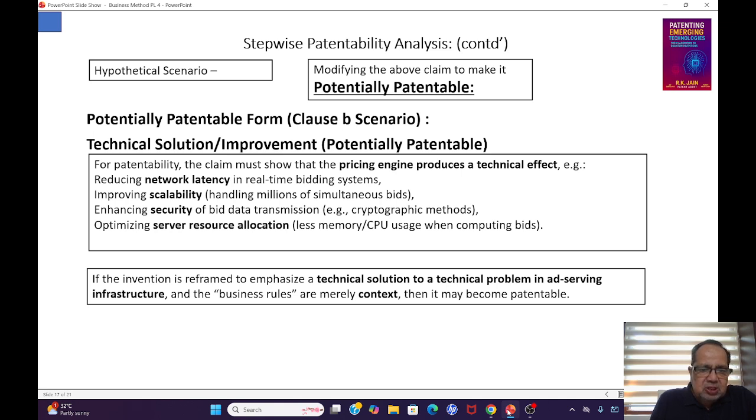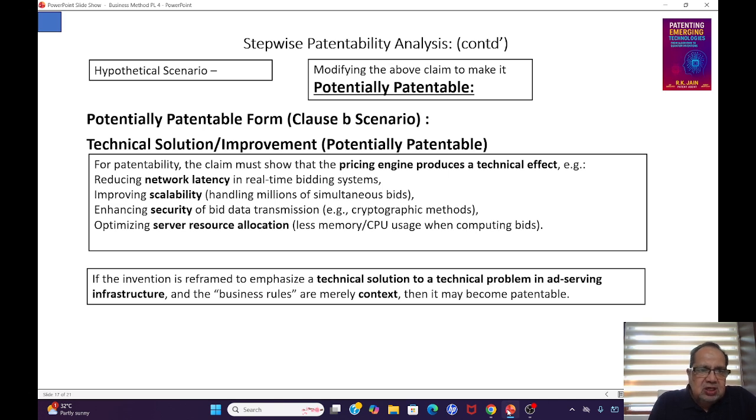That is, from domestic bidders, we can create a system using the very same business method receiving bids from across different geographical areas. Or it could enhance the security of the bid data transmission, or it can optimize its server resource allocation, as we mentioned, less memory and CPU usage, which could be part of the earlier mentioned network latency, where it expedites the whole thing.